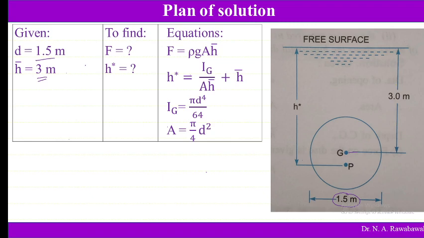To find force we use the formula rho g A H bar, and to find H star we use Ig divided by A H bar, plus H bar. To find area we use pi by 4 d square, and to find Ig we use pi by 64 d to the power of 4. By knowing Ig and A we can find H star and F.